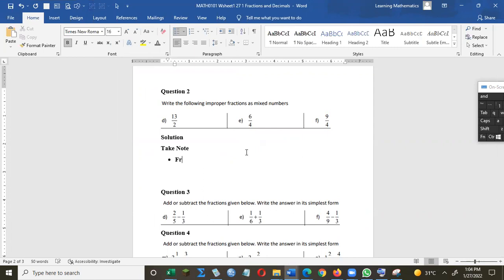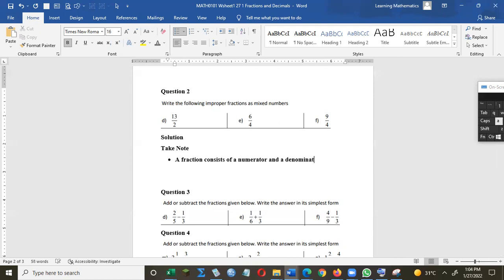First of all, a fraction. You may or may not know that already, but we're starting from as basic as possible. A fraction consists of a numerator and a denominator.